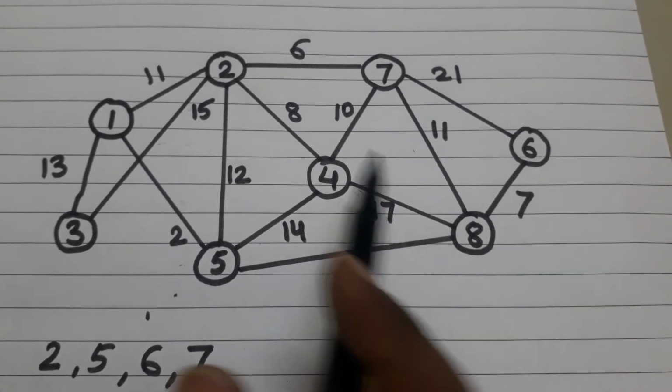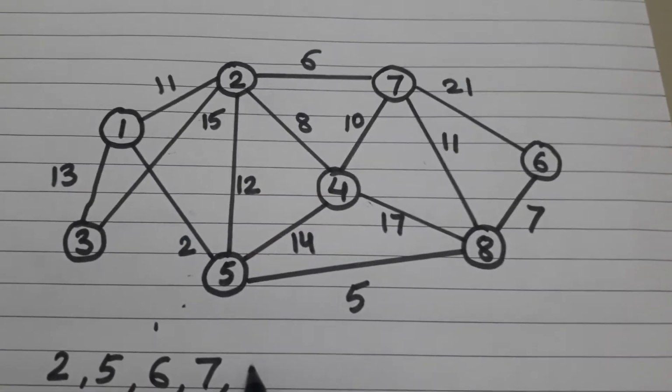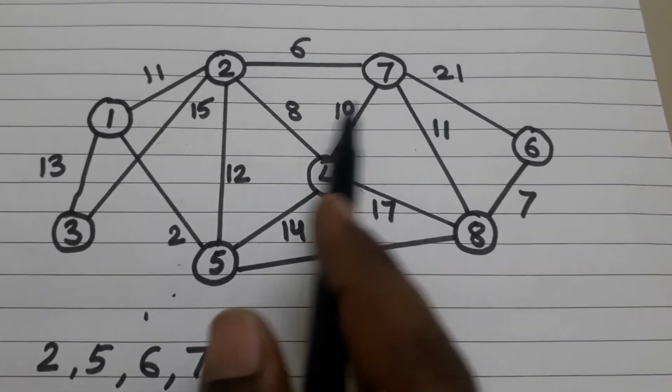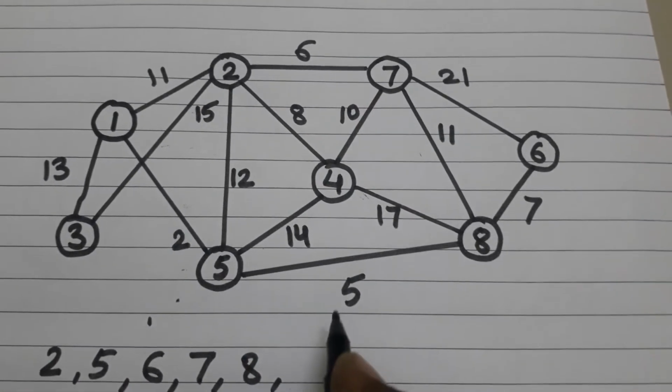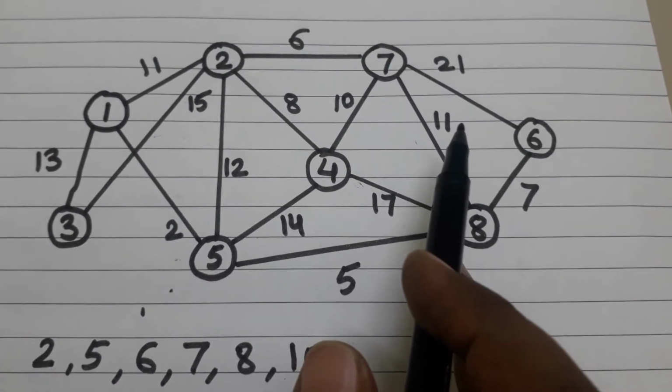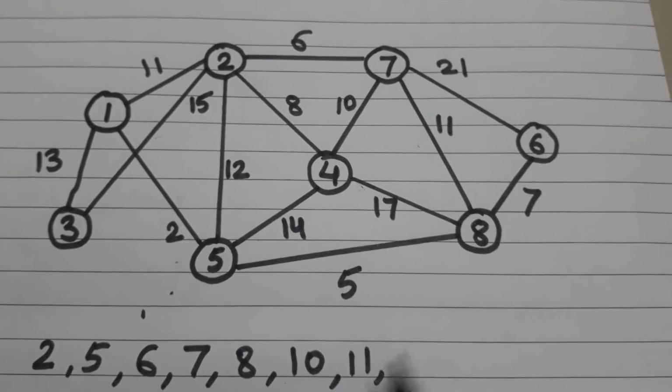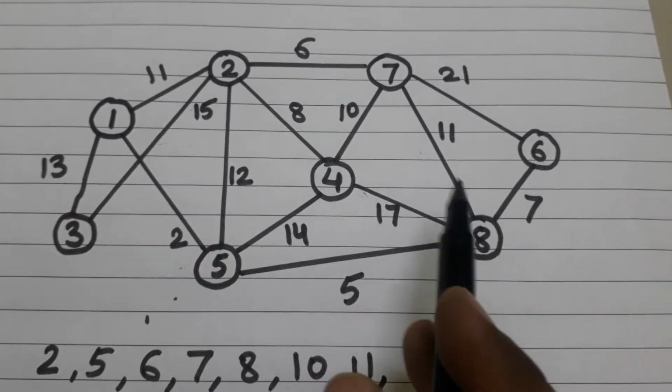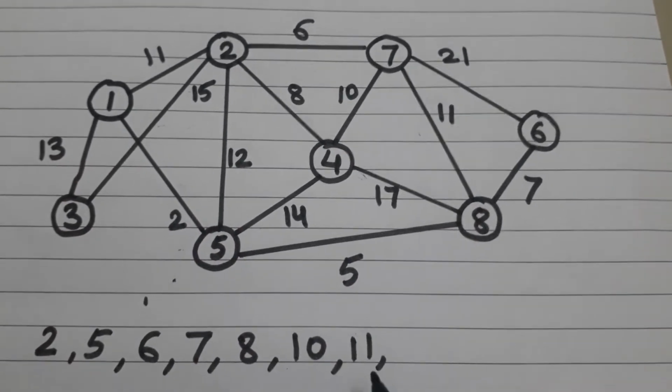After 7, 8 will be here, then 10, then 11. Now 11 is present 2 times, but we will write here only one time, that is 11.